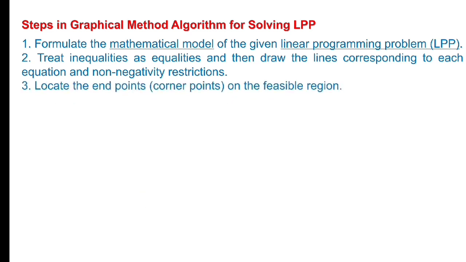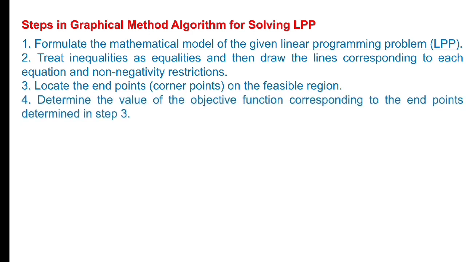Locate the endpoints, that is, the corner points on the feasible region. Feasible region means the common region for the given constraints. Determine the value of the objective function corresponding to the corner points.